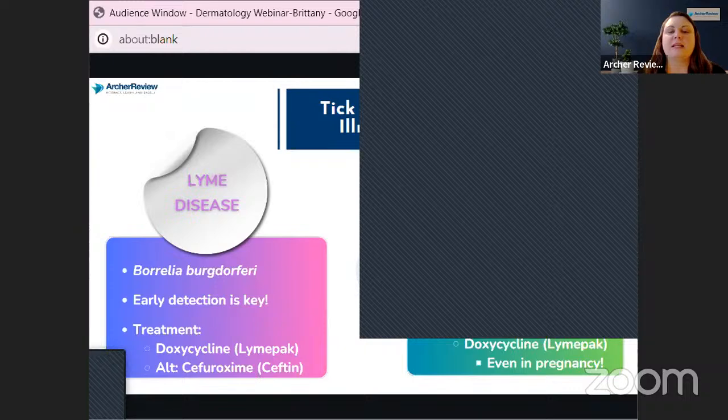Those guidelines are actually kind of in the process of being updated. So if you're doing some older question books or things like that, you might run across the answer being amoxicillin. But now we're kind of moving away towards doxycycline for even these younger kids. And then the only contraindication to doxycycline would be pregnancy. So we're still giving our pregnant patients the doxycycline.